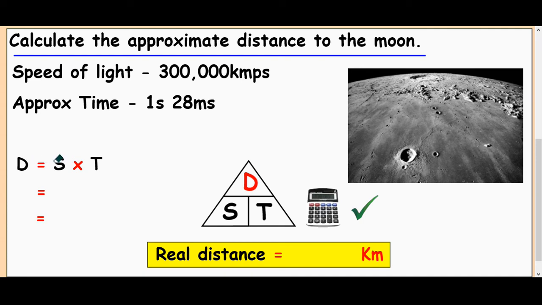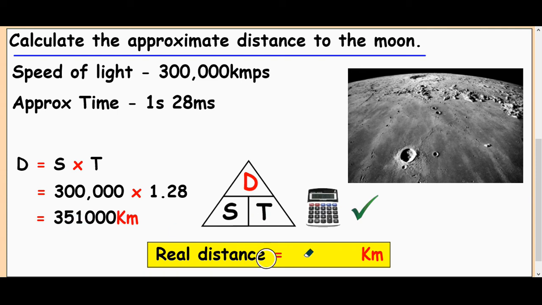The same formula. Distance is speed times time. So you take your speed and you times it by your time, and it pretty much works out roughly at 351,000 kilometers. And if you look it up, the real distance is actually quite close to that, 384,400. These are just estimates. Certainly the speed of light isn't, but the time is.